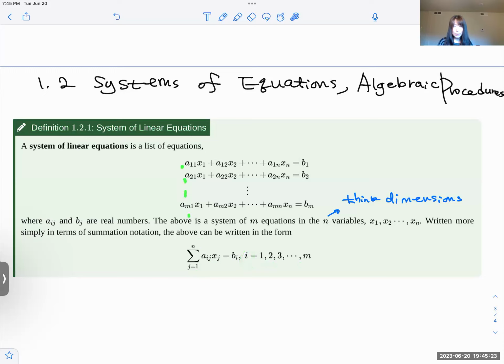So with m equations, we have n variables, okay? All right, so we call this number a scalar. A real number is a scalar. So we are using this terminology: real number, also scalar.